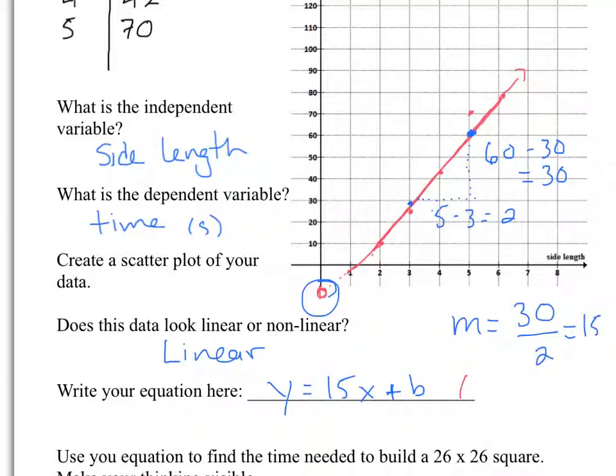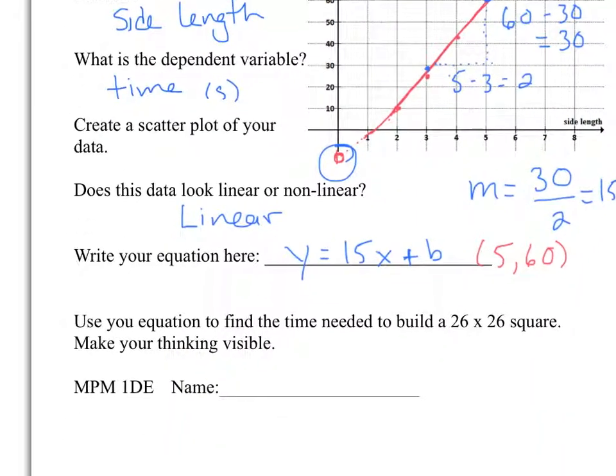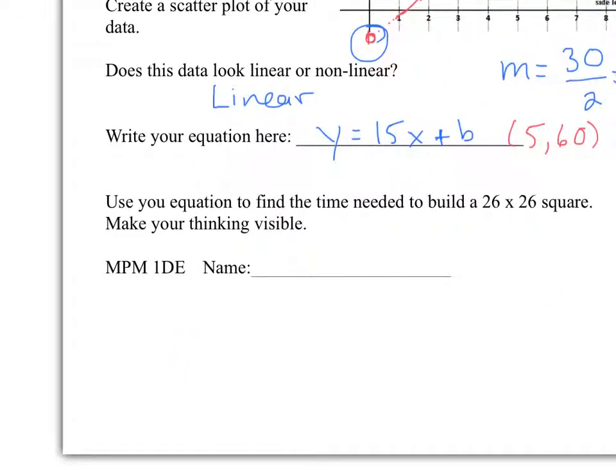So I'm going to take the point 5 and 60, and I'm going to sub that into my equation. And I'm going to show my work just down here. So I have the equation y equals 15x plus b. I'm going to sub in my point, 5 for x, 60 for y.